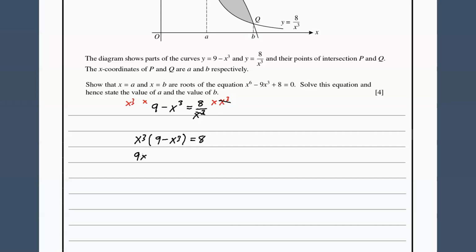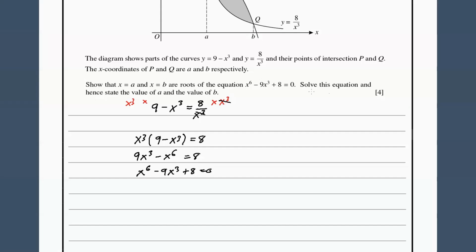So 9x cubed minus x to the 6 is equal to 8. And rearranging, we'll be having x to the 6 minus 9x cubed plus 8 equal to 0. So now the equation is in this form.